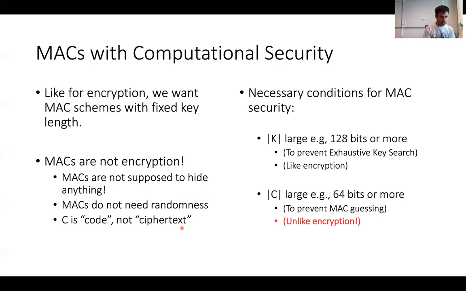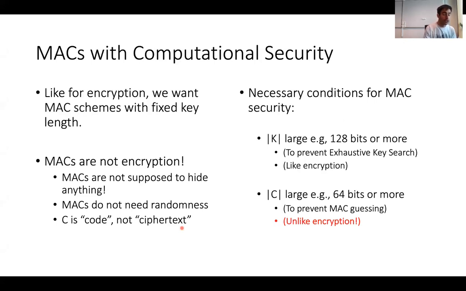If the adversary sees some messages and the MACs on these messages, which the adversary might have eavesdropped over the channel, the adversary can try to find the key which maps these messages into these MACs by simply trying all possible keys. Since this attack is always possible, if you want a MAC to be secure, the key should be large enough such that this attack becomes completely infeasible in practice. Therefore, even when we talk about MACs, the key has to be large, like 120 bits or more.